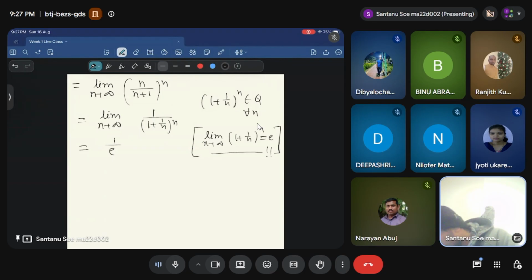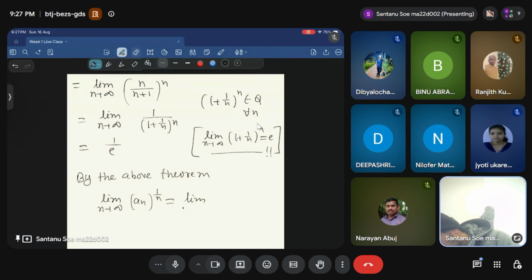So then by the above theorem, limit n tends to infinity of (n factorial) to the power 1 by n divided by n is 1 by e.